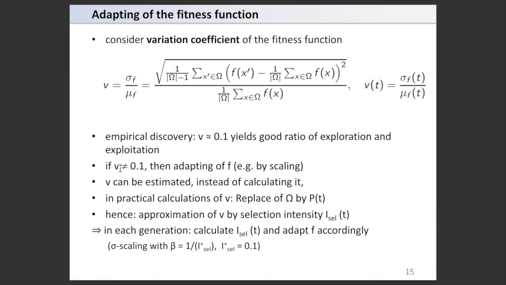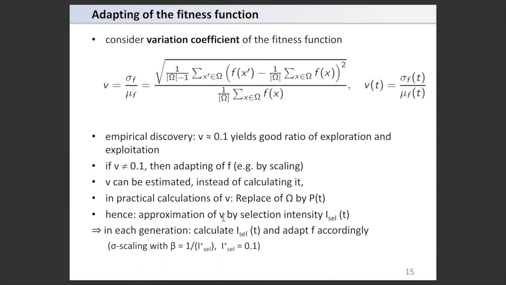If V is not close to 0.1, then the adaptation of the fitness value, for example by scaling, may be used. V can be estimated instead of calculating it. In practical calculations of V, instead of the search space, use the individuals in the population. So instead of omega, we are going to use the population, and we are calculating the variation coefficient.